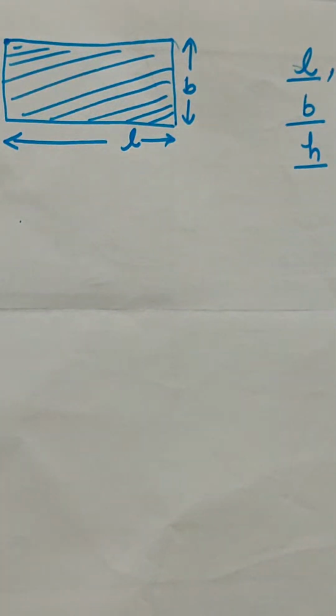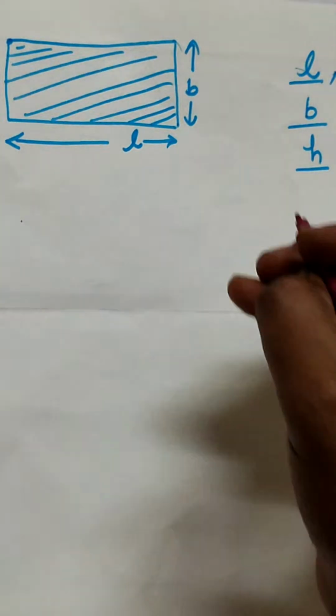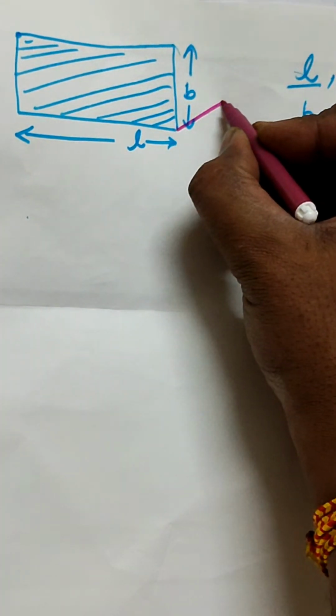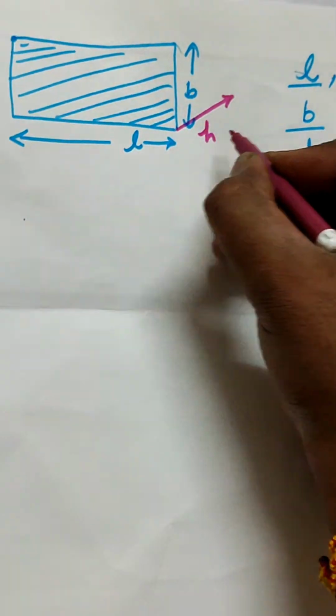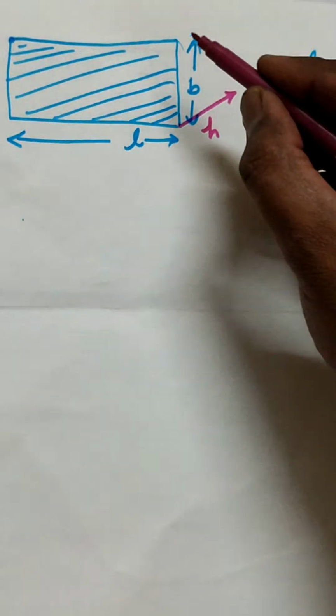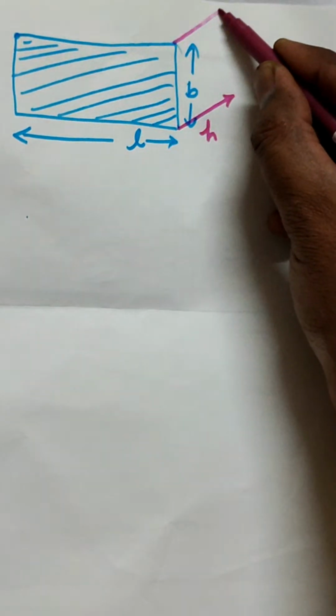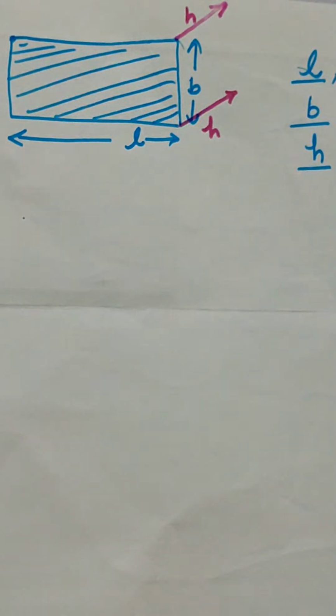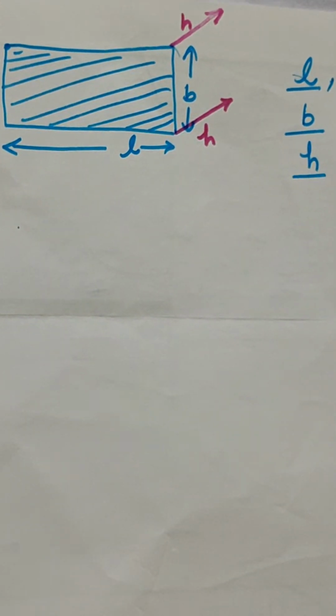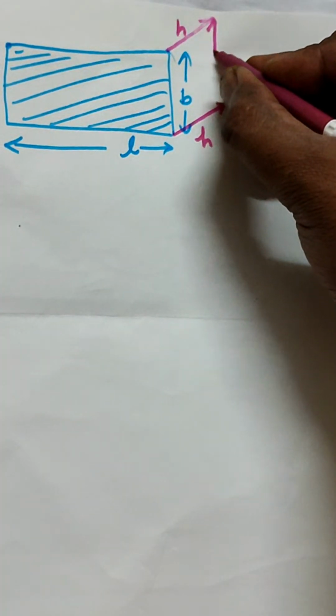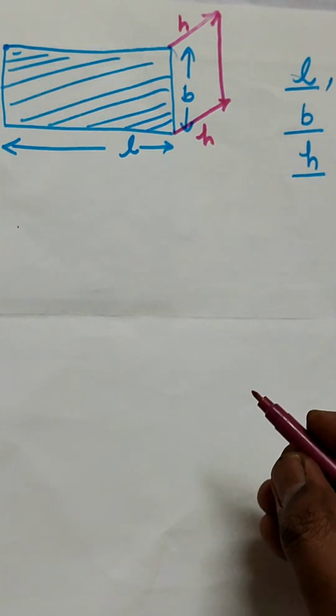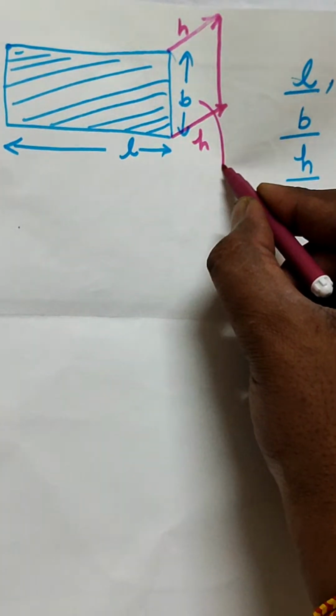If this face is having some height, let's say this is H, then this will also be H. Then another adjacent face will be formed when this is joined.